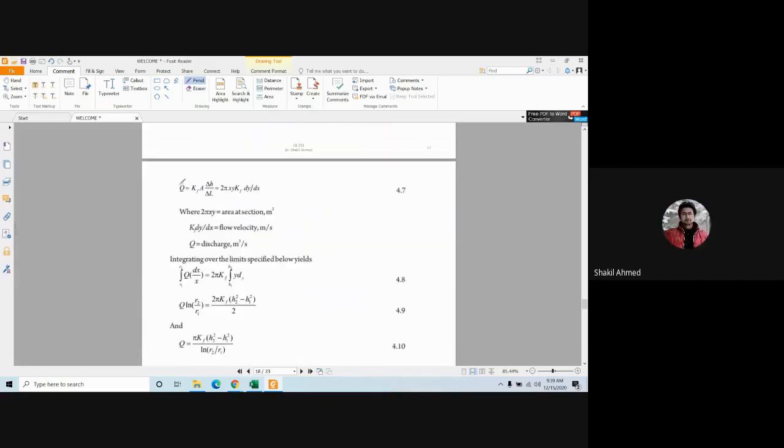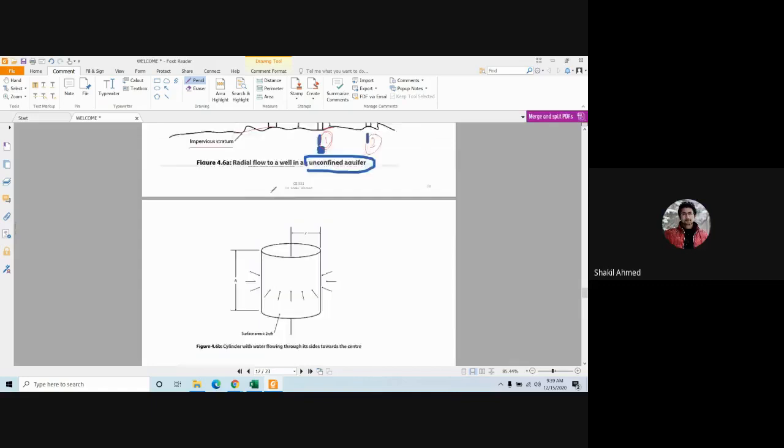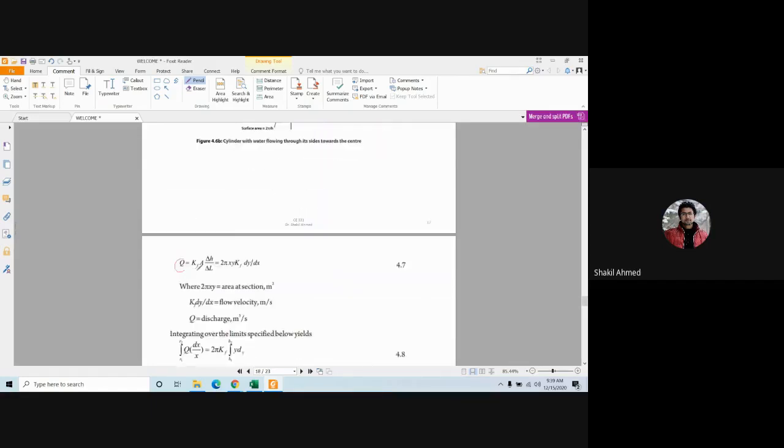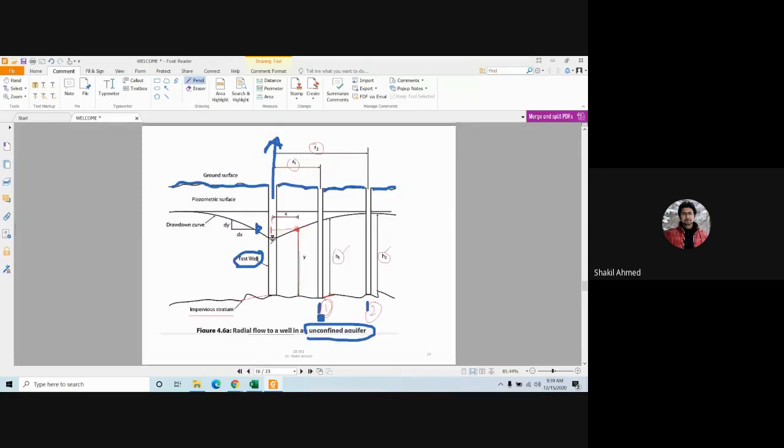Now, discharge through this test well is K into A into delta H by delta L. Now, what is the area?